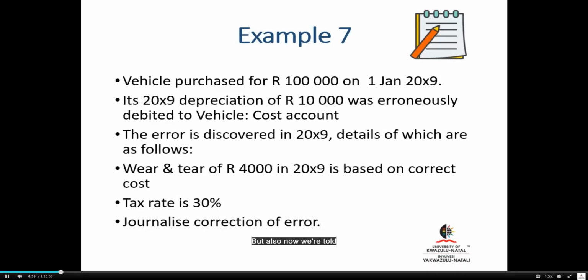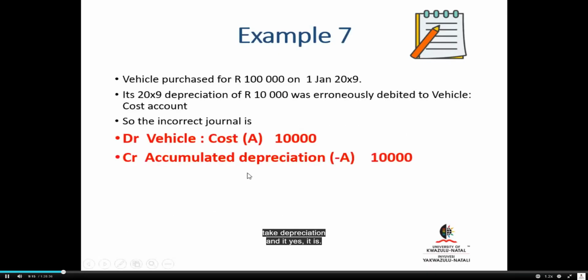But also now we're told another information. We're told that wear and tear. What is wear and tear? Wear and tear is what SARS take as depreciation on their side.